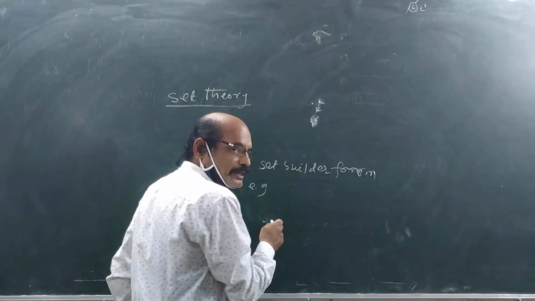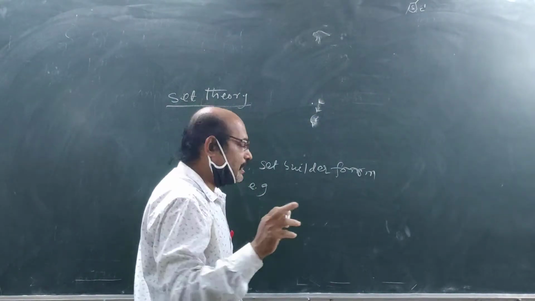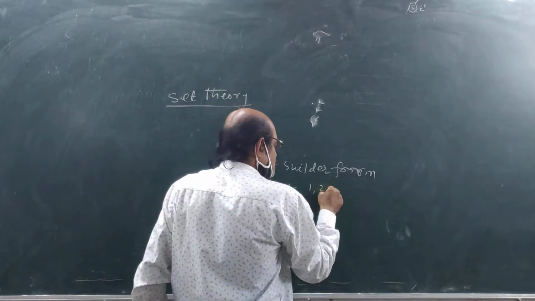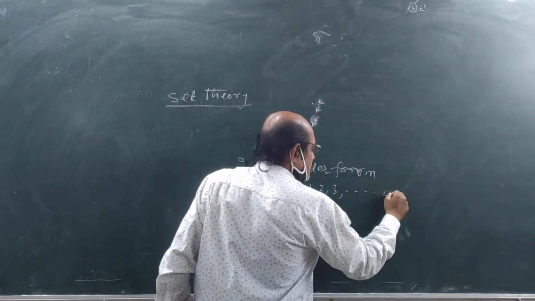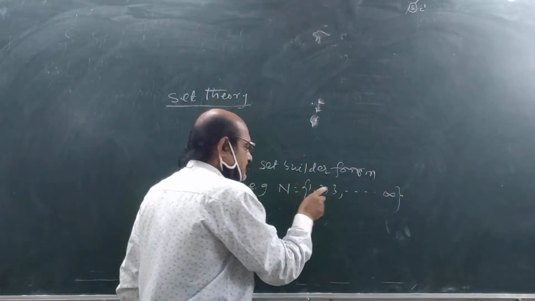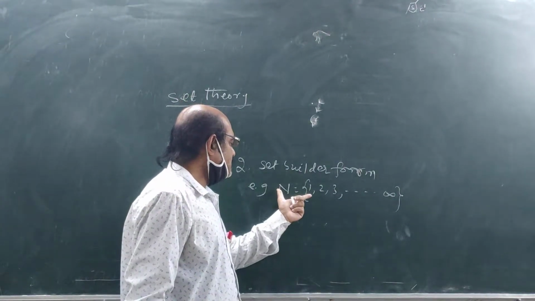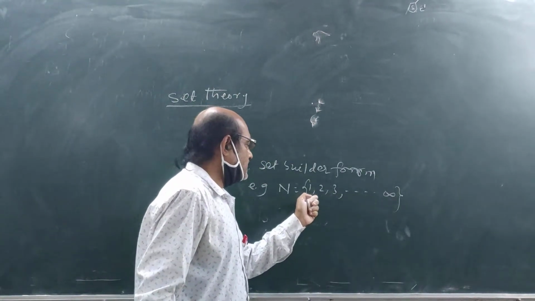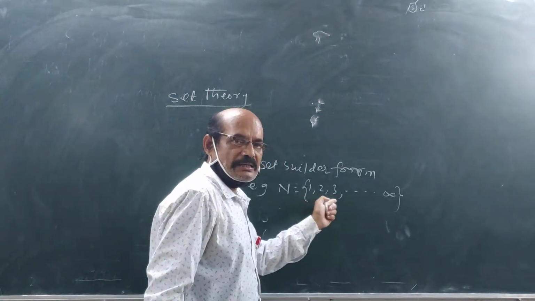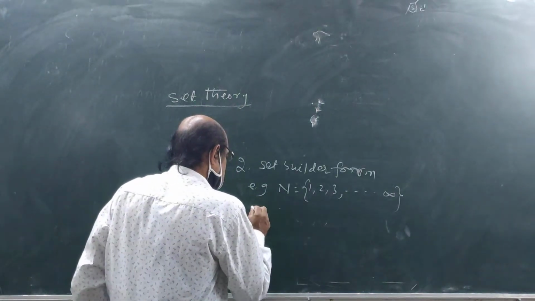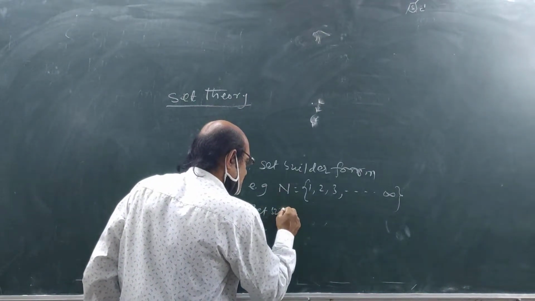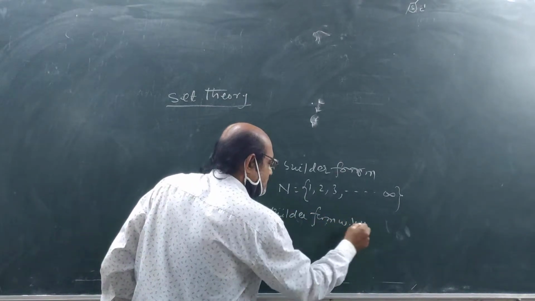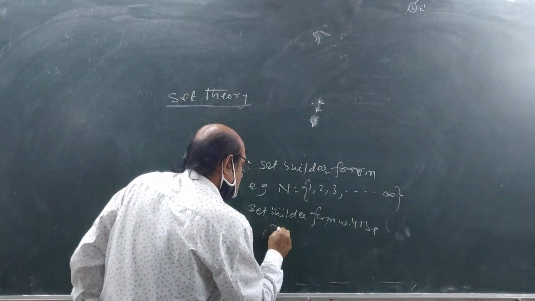For example, in tabular form, N is equal to 1, 2, 3, up to infinity. This is known as tabular form. So I will convert this tabular form into set builder form. What is the common property? The common property is that they are natural numbers. Therefore, the set builder form will be {x such that x is a natural number}.